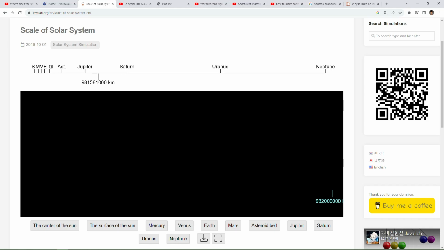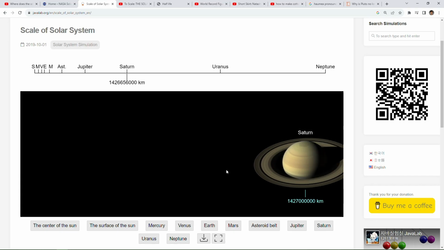All 4 terrestrial planets are very close to the sun, but the rest, the gaseous large planets, are all further away from the sun. So from this picture, you can see the Earth is just a small marble used to be at the center, right? And we already traveled so much distance. Finally, you can see we'll reach Saturn.